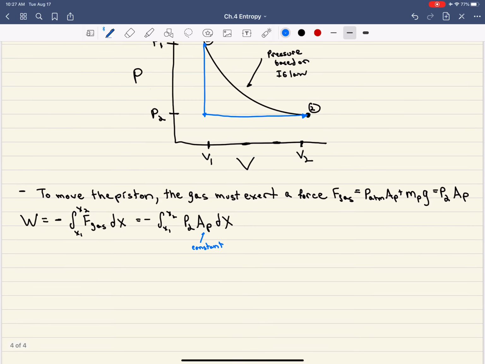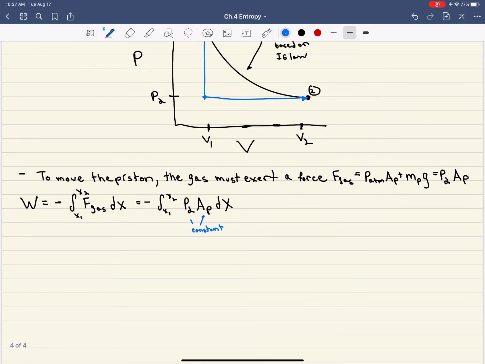And so that means in our work calculation here, the pressure P2 is also going to be a constant. So we can pull the pressure outside of that integral. We get area times displacement, which we can turn into a volume.